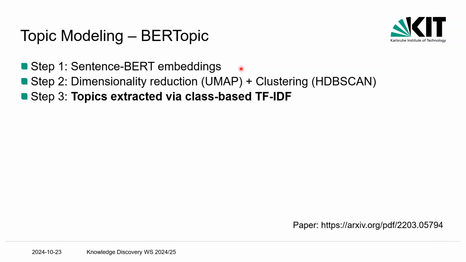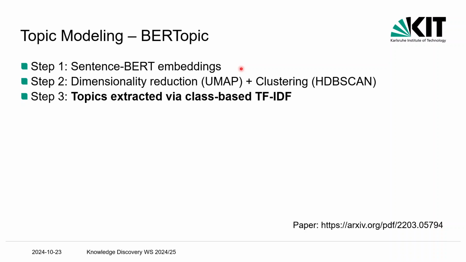They use Sentence-BERT, which is a sentence transformer based on BERT, then apply dimensionality reduction, also UMAP. They also apply HDBScan for clustering, but then in the end, they extract the topics via so-called class-based TF-IDF. Top2Vec and BERTopic together kind of form the state of the art right now in this field.